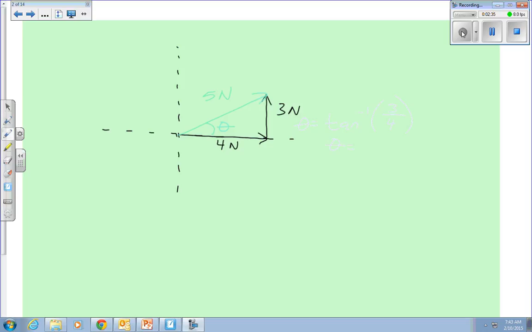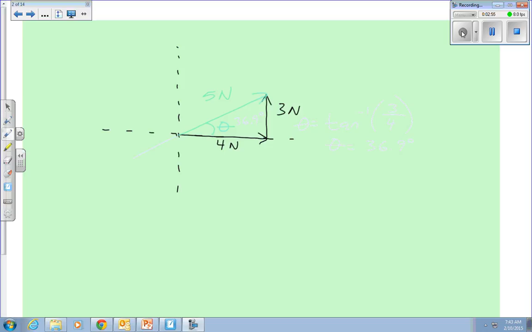Inverse tangent of 3 over 4 is 36.87 degrees. I'm just going to round that off to 36.9. So this is 5 newtons at 36.9 degrees.